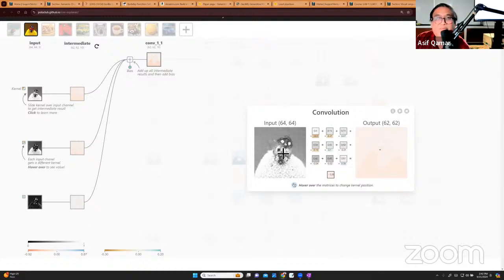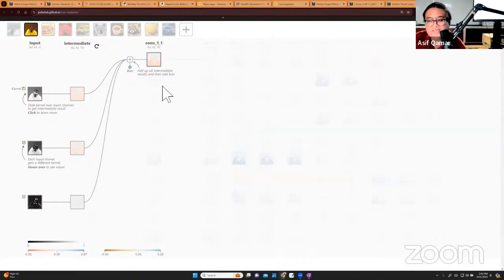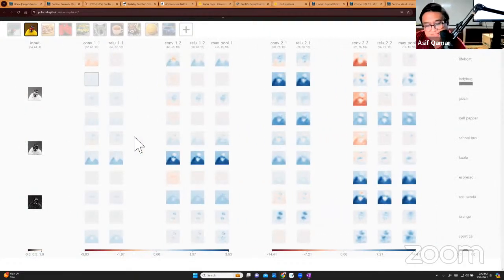Where is the filter? Where is the G that it is being convolved with? It is these little colored boxes sitting underneath it. So if I put my mouse here, at this moment, this filter is coming out with a positive or negative value there. Negative value, right? Whatever this filter is, it is saying that this filter is looking for some feature that is not here.